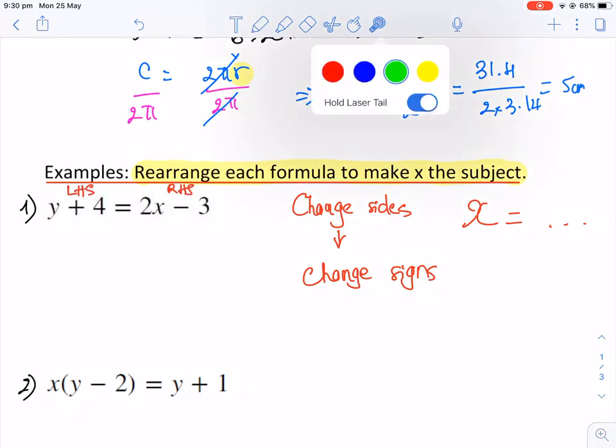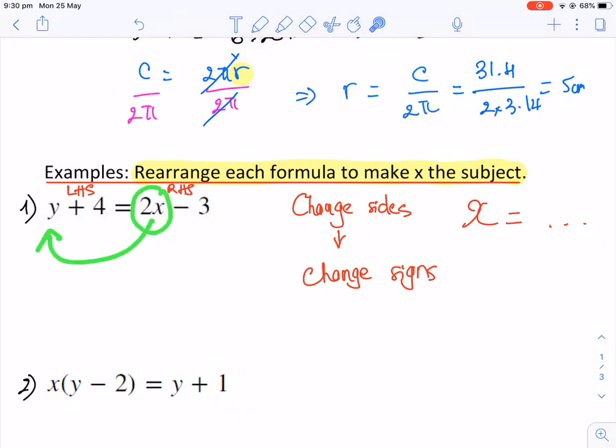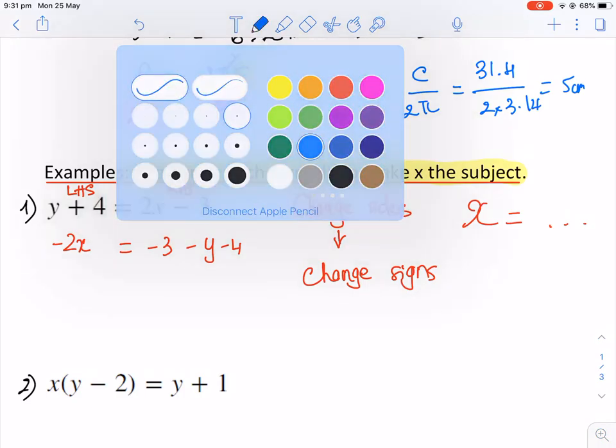I'm going to move 2x from my right-hand side to the left-hand side, and it will turn to negative 2x. The 3 from the right-hand side still stays on the right-hand side, so it's negative 3. Then y plus 4 from the left-hand side moves to the right-hand side and turns to negative y, negative 4. And then I'm going to divide both sides of the equation by negative 2.